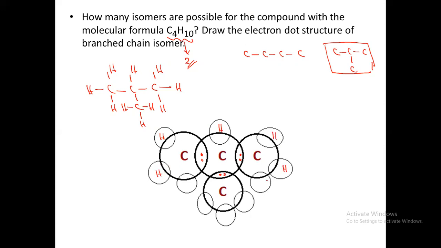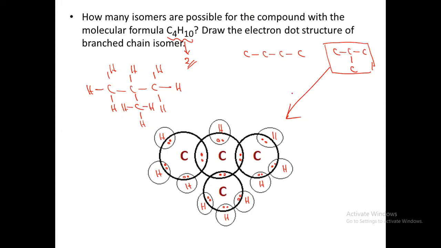That will be 10 hydrogens, right? The end carbon is connected with 3 hydrogens with single bonds, so one pair each. Here also it's all single bonds, so for all the shaded area you need only one pair. So this is the electron dot structure for the branched one.